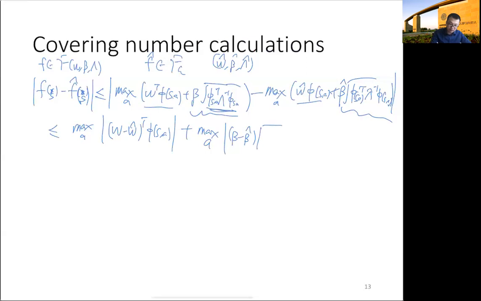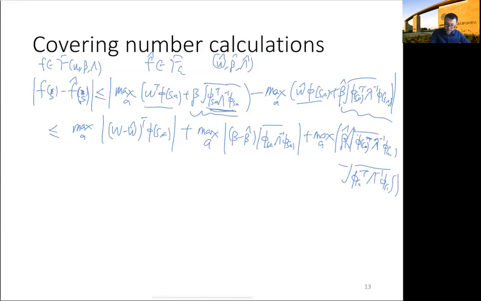So this gives phi S A, plus max over a of beta hat times the difference, where the only things that are different are the lambda hat phi SA terms: the square root of phi SA lambda inverse phi SA minus the one with lambda hat inverse.